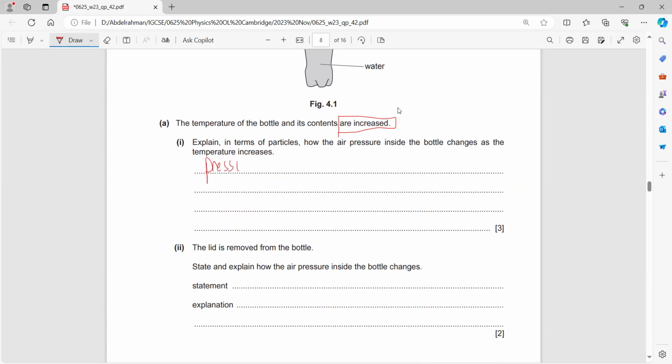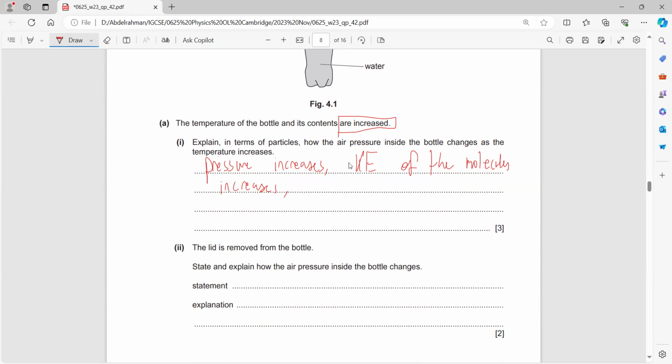As the temperature increases, the kinetic energy of the molecules would increase. So they would hit the wall faster, and that would lead to an increase of pressure.